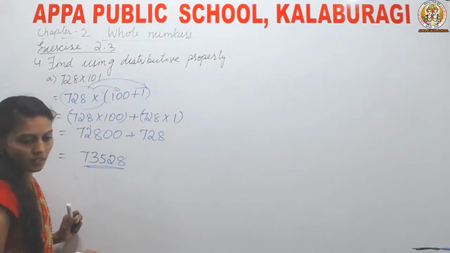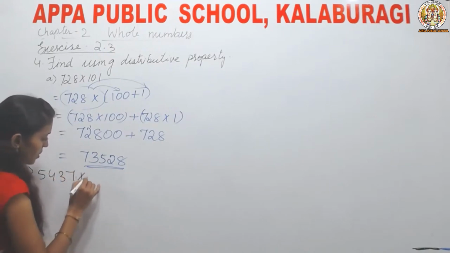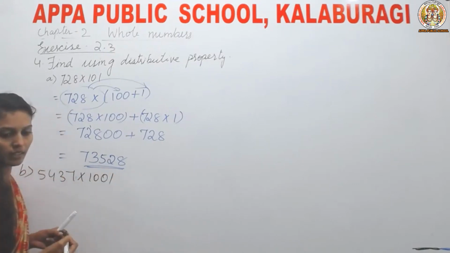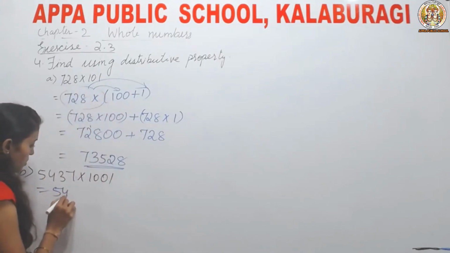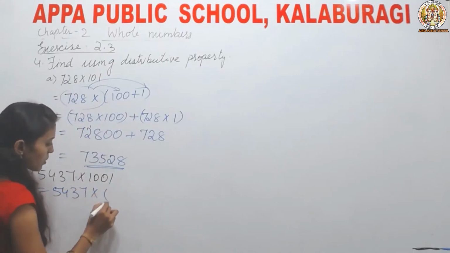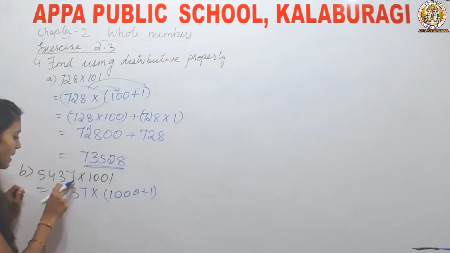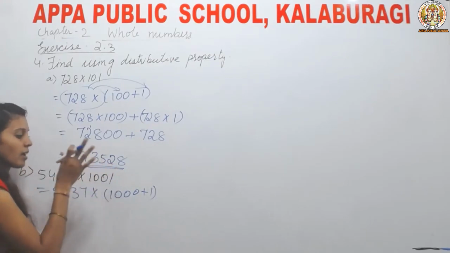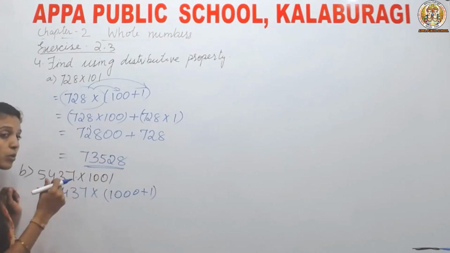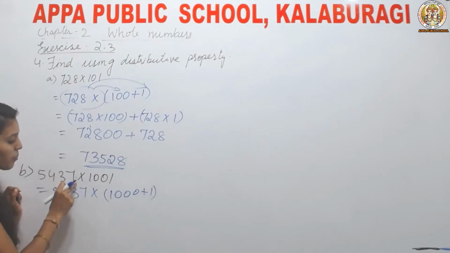Next, B. 5437 into 1001. See, again same way. 5437 into split 1000 plus 1. As I said, I can split this one also. There is no condition I shall split this one only. You can split this one also. Here, if you split, you will get 4 numbers: 5000 plus 400 plus 30 plus 7.